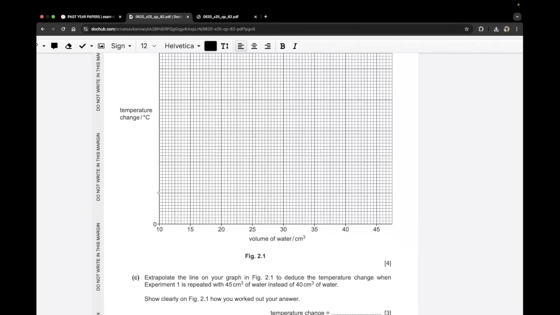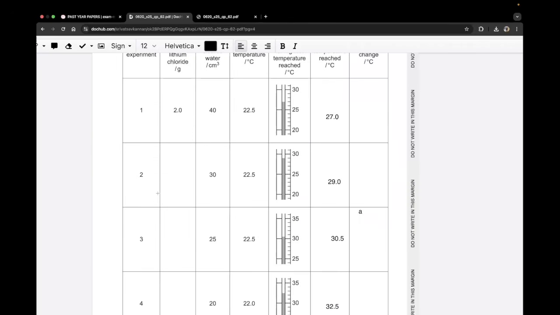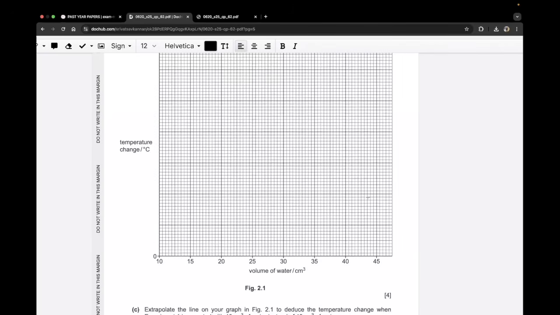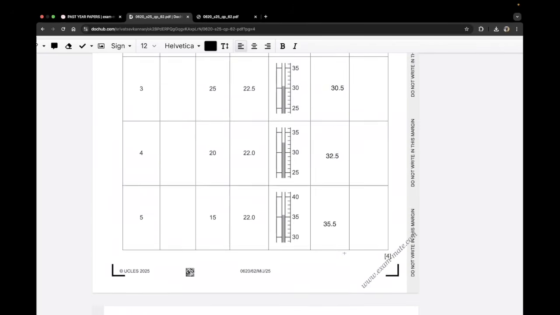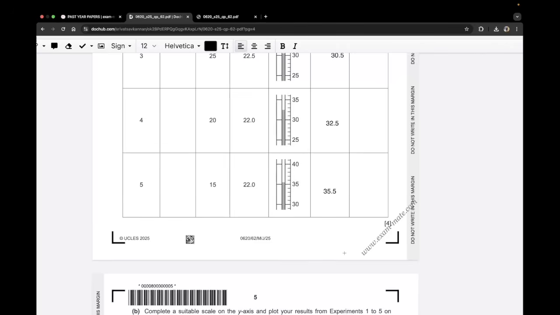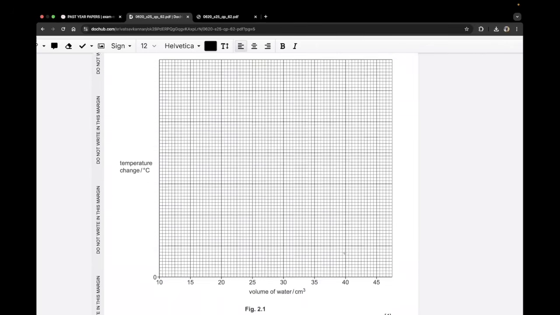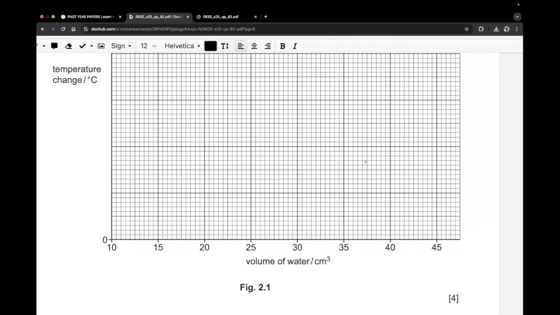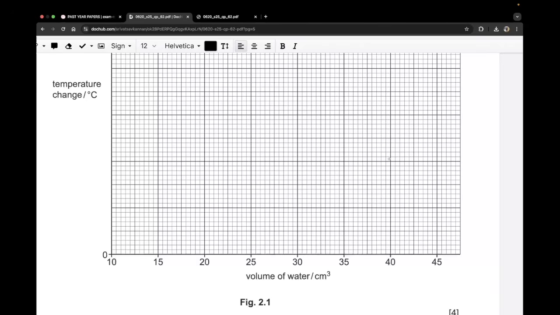Now, since we have 2 here, let's take a look at the volume of water that they add. So we got 40 here, right? 40 has a change of 4.5. So we go 2, we go 4, then what is the split here? We really need to ensure that you get that right as well. 4.2, 4.4, 4.6, 4.8, 5, 5.2, 5.4, 5.6, 5.8, and 6.